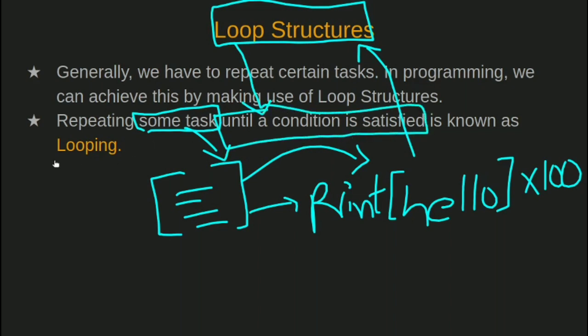And this repetition of tasks is known as looping. Now that we know what loop structures are and why they are used in a program, let us go ahead and discuss the first loop, and that is our while loop.